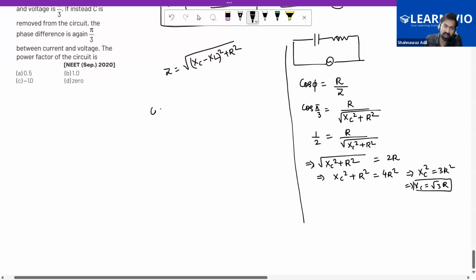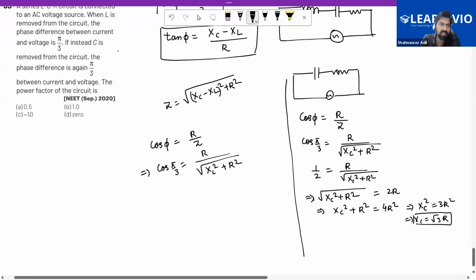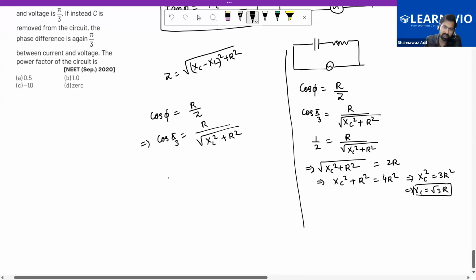So then we have cos phi again, which is R by Z, and this is cos pi by 3. Now Z is the square root of XL squared plus R squared, because XC is 0, as we have removed the capacitor.